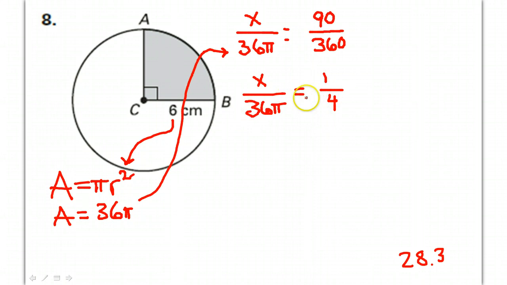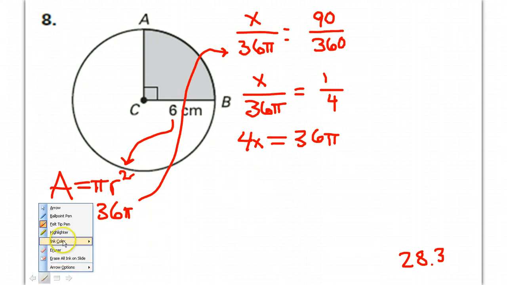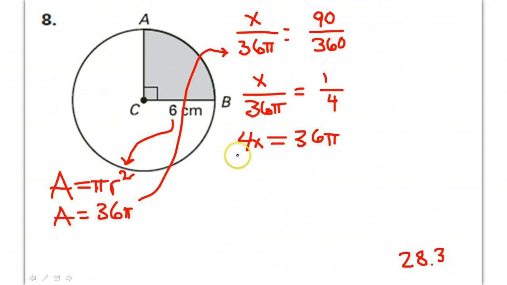So when I cross multiply 4 times x, I get 4x. 36 pi times 1 is just 36 pi. And then I divide. So I will divide both sides by 4.